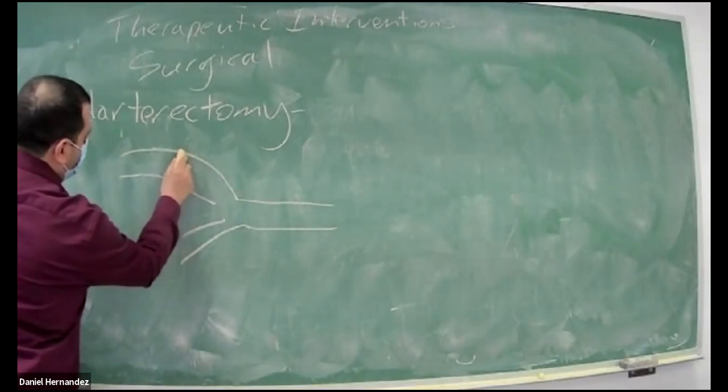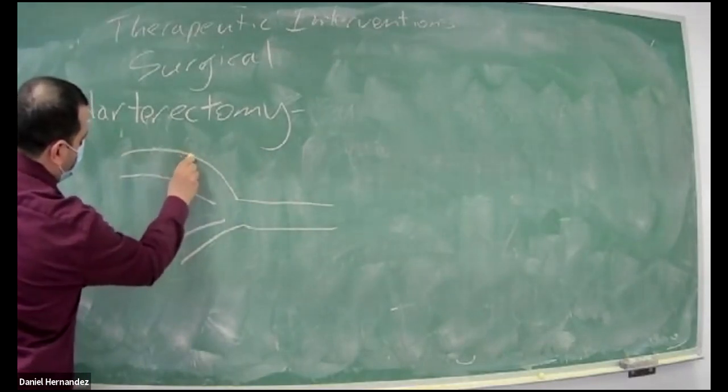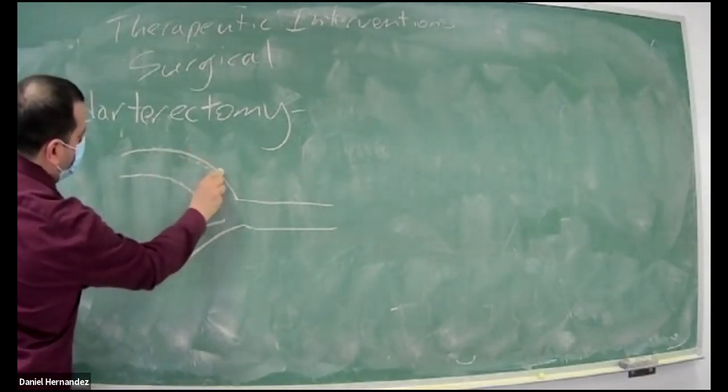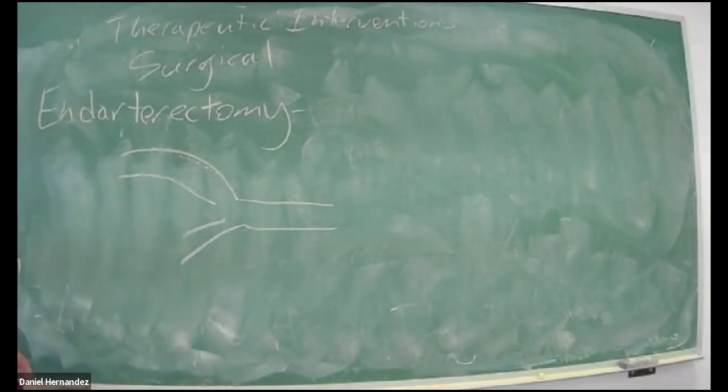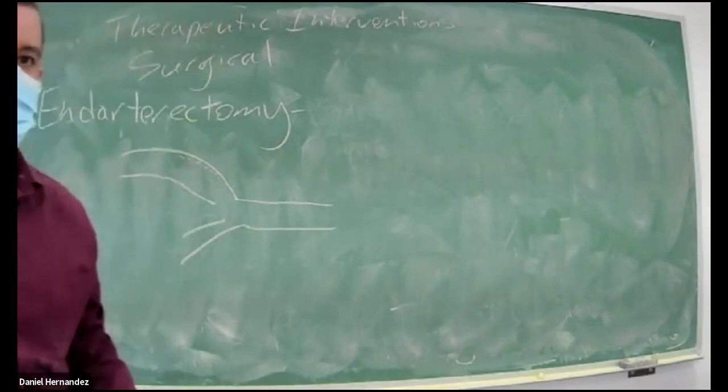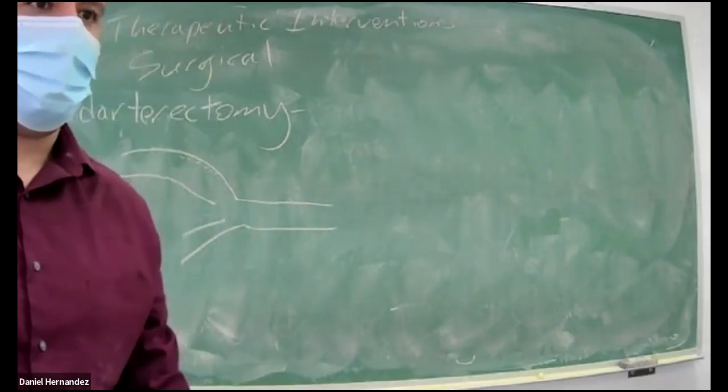Sometimes you can see the area of the patch, you'll see little echogenic dots. So you can kind of tell that it looks a little synthetic. There are some good pictures of this in the PowerPoint that you can refer back to.